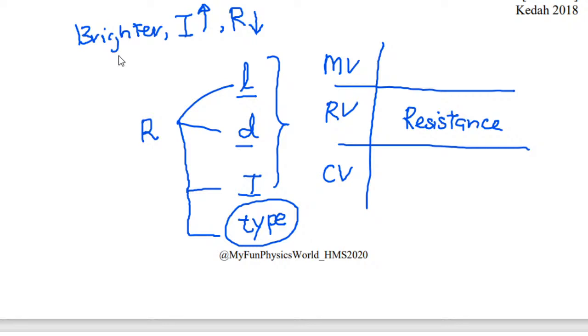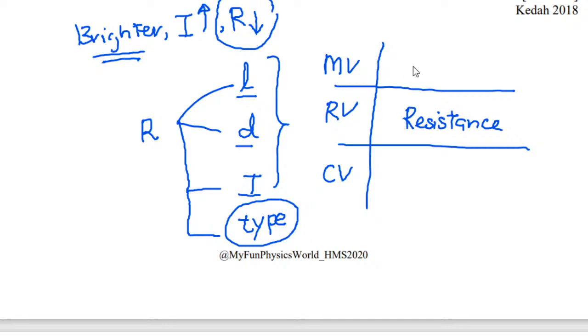When you write your inference, you can relate to the diagram given, so you can use the word brightness. But when you write your hypothesis, don't use brightness anymore. You need to focus on resistance. When you write your experiment, the responding variable should be the resistance.